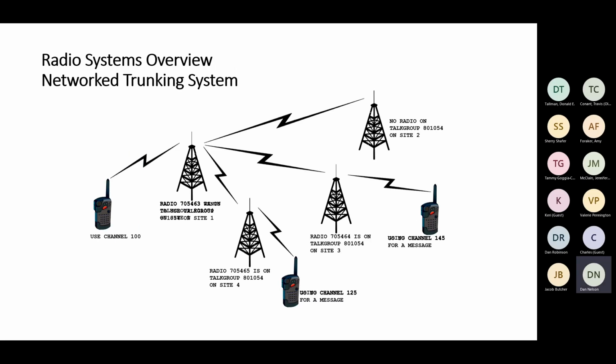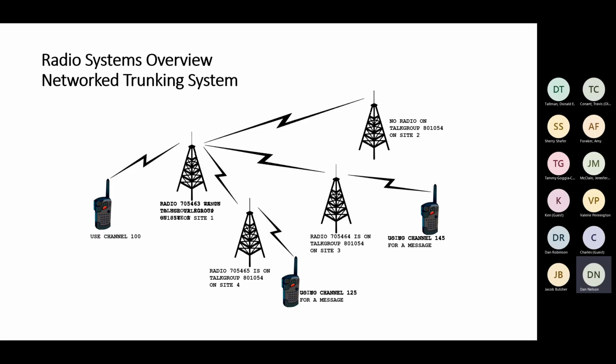So in a networked trunk system, again, where ALMR is, let's look at this visual. We have a radio that's tuned to a particular site, site number 1, on this particular talk group with this radio ID. That radio transmits, it gets an assignment back, but then that site transmits that audio to other sites when there's a radio on that talk group.